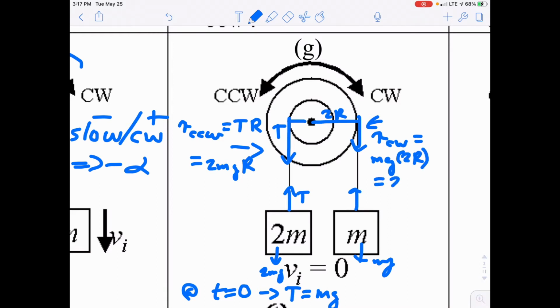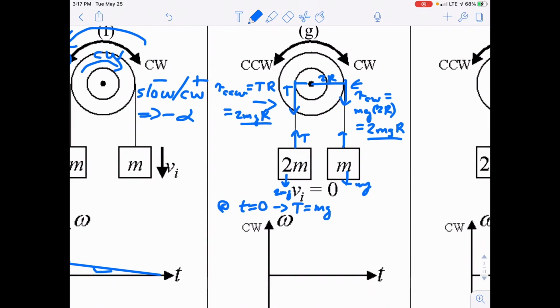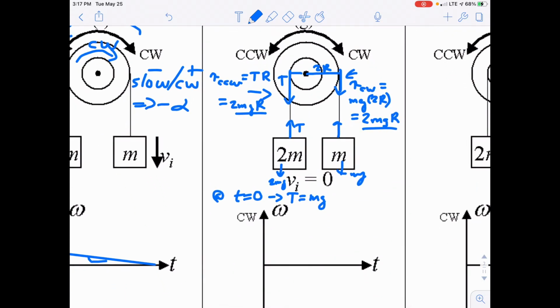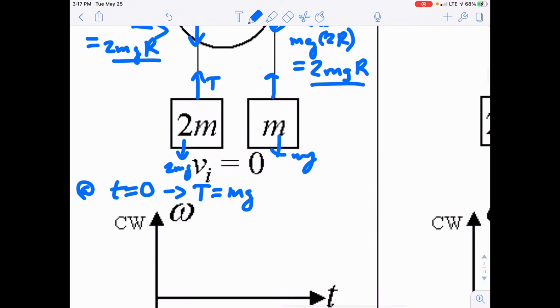And if you look, we get the same thing, 2 mgr, which basically means that we start it from rest, which means you don't give it a tug in any way, shape, or form, since the torques are balanced.